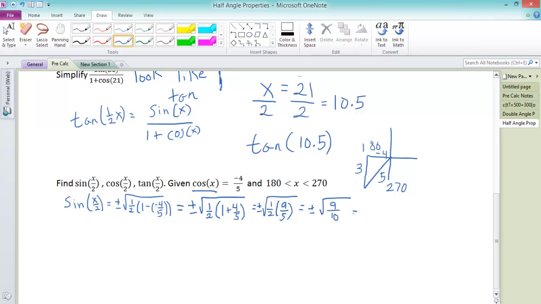Now, since 9 is a perfect square, I can go ahead and write this as 3 over the square root of 10 plus or minus. And now I need to figure out whether or not it's plus or minus.